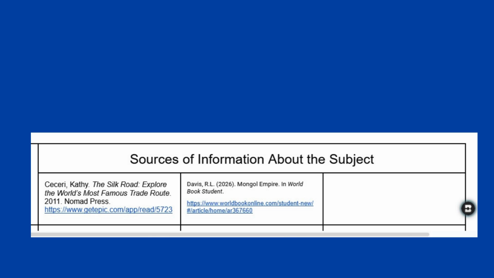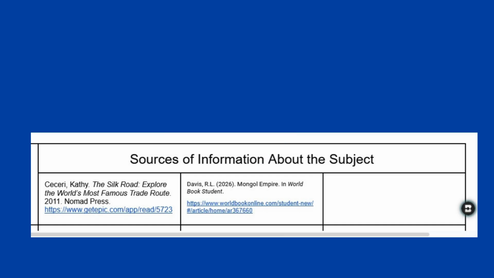So at the top of the gathering grid, in the section that is about the sources of information, I am going to put the citation for the World Book Encyclopedia article right there at the top of the middle column.